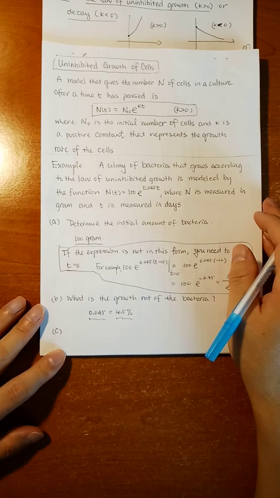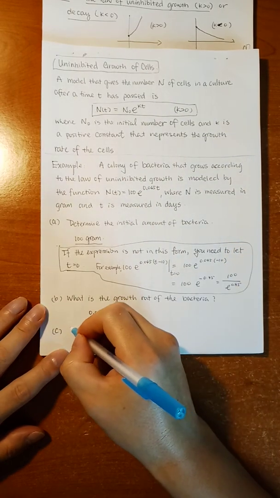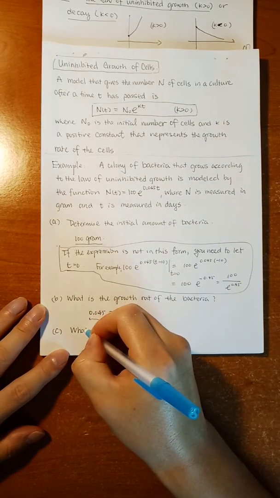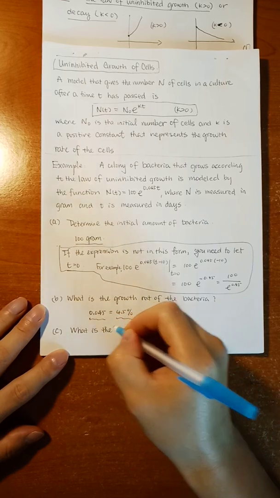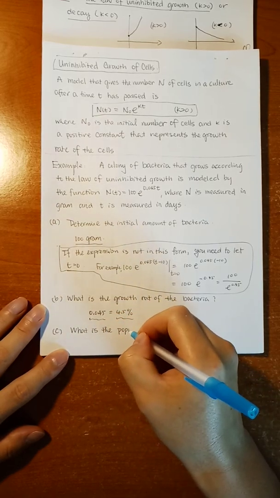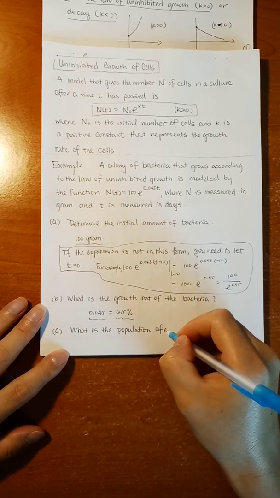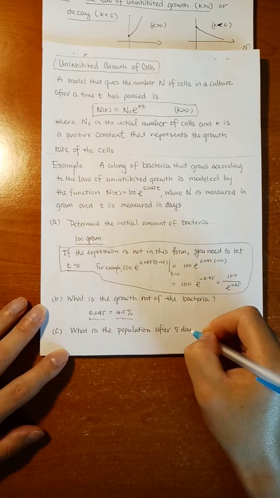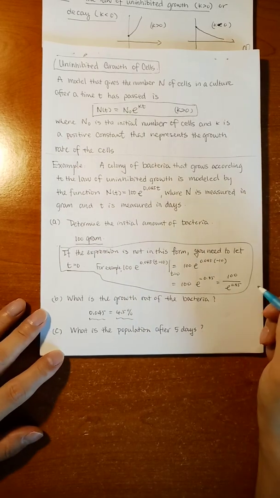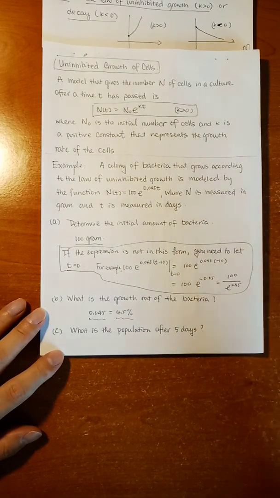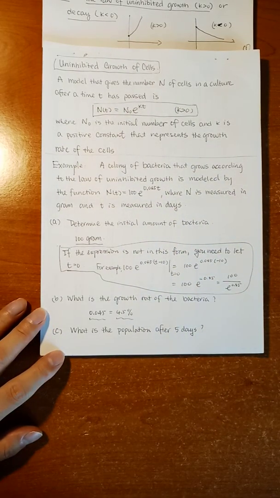What is the population after 5 days? The population after 5 days, you just let t be 5.